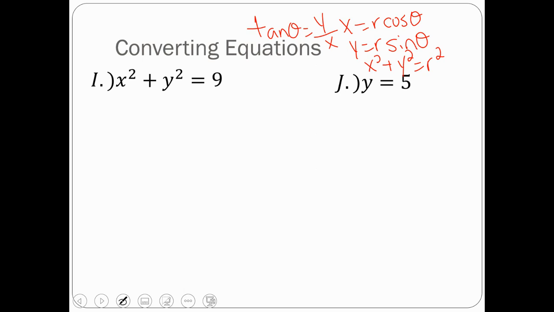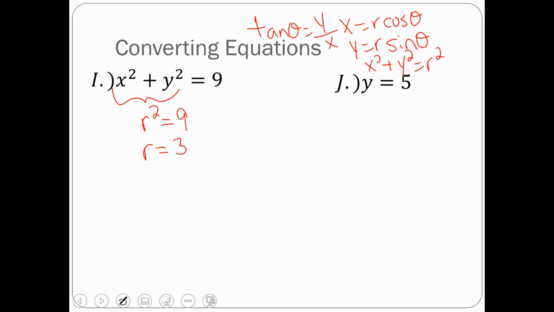So I would suggest using the x squared plus y squared. This is equal to r squared. It doesn't mean we have to have r's and thetas. Our goal is to get rid of x's and y's and put our entire equation into r's and thetas. This one is equal to r equals 3.